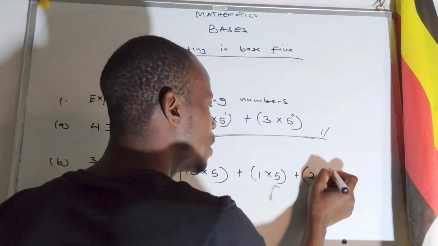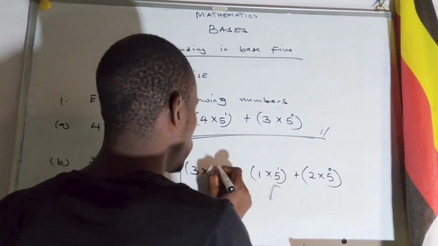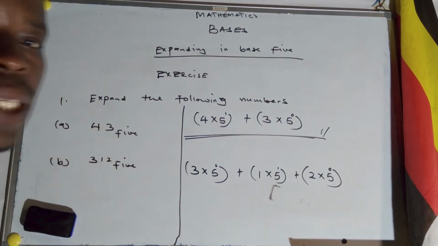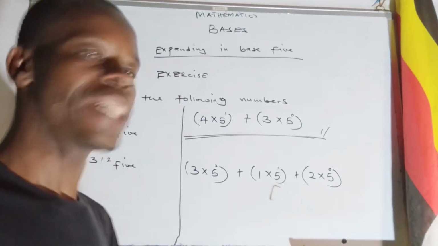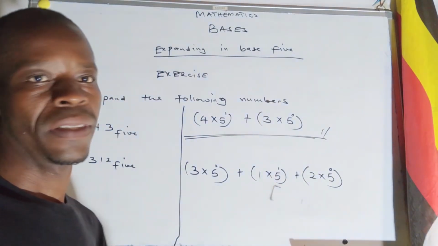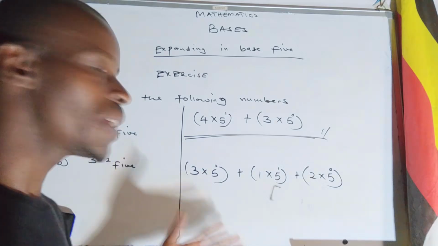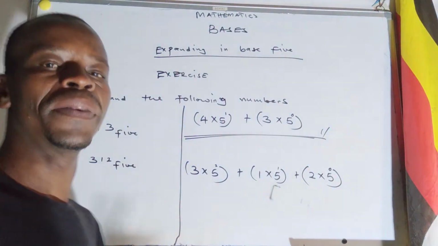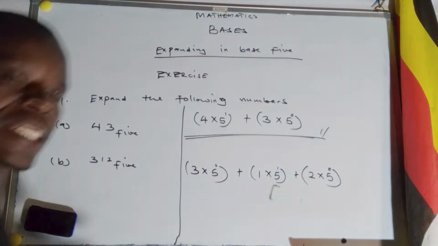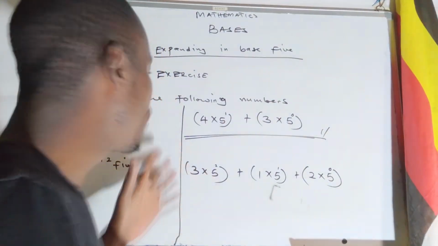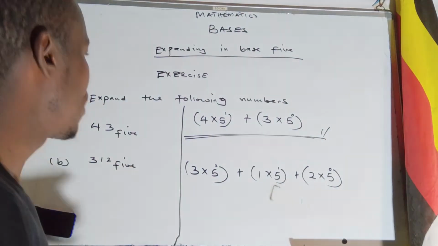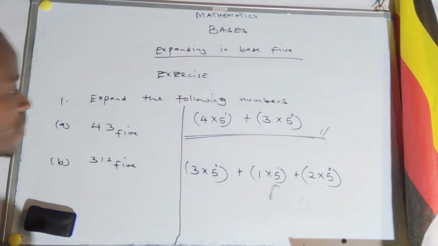Start with 0, 1, 2. That's how I expand in bases. That's how we do the expansion in base 5. So from today, if you see a question like this, just chop it and you get free marks. The maths is a simple subject in all subjects. So let's move to the next.